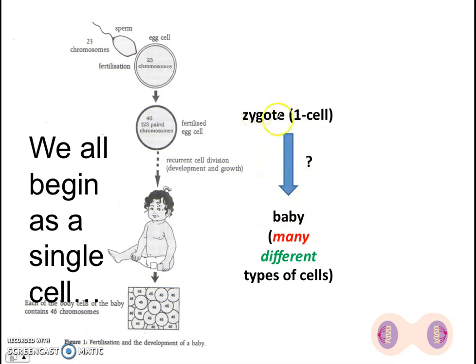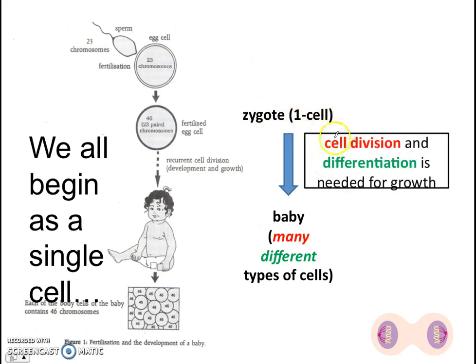Well, in order to do that, two processes are needed. The first process is called cell division, right? Because from one cell to go to many cells, you need to divide. That one cell needs to divide many times to form many cells. But that's not enough. The many cells need to undergo differentiation so that they can take on different roles. Right?